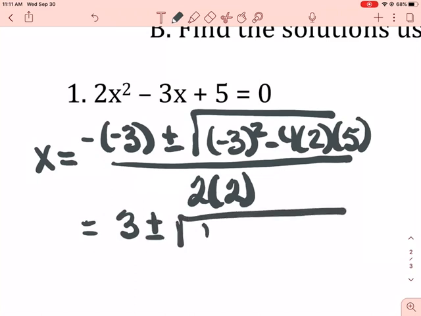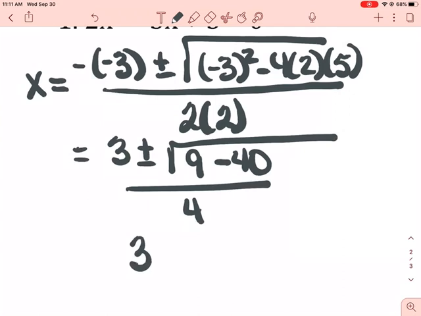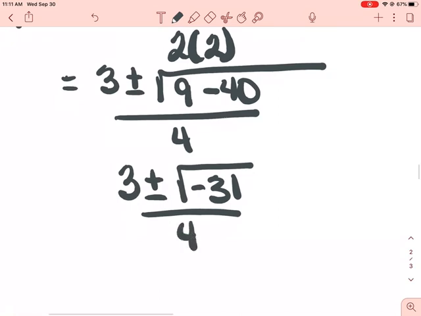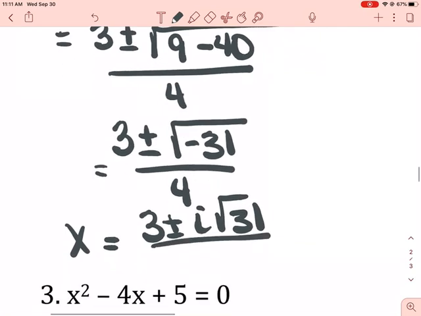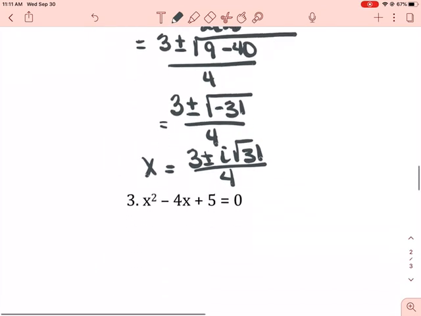Okay, so we're going to get 3 plus or minus the square root of 9 minus 40 all over 4. Okay, so 3 plus or minus square root of negative 31 all over 4. So x equals 3 plus or minus i square root of 31, whole thing over 4. Okay, we can't do anything with the square root of 31.